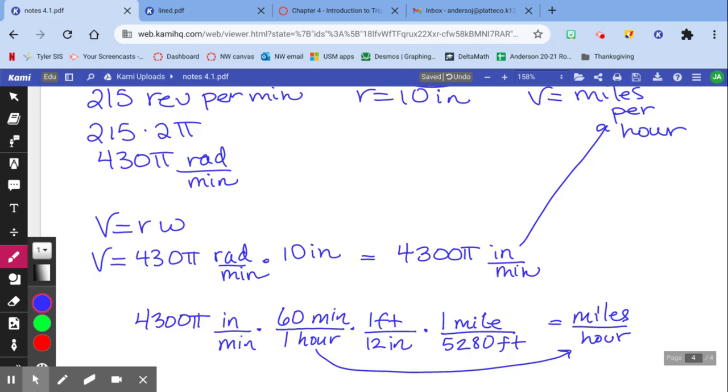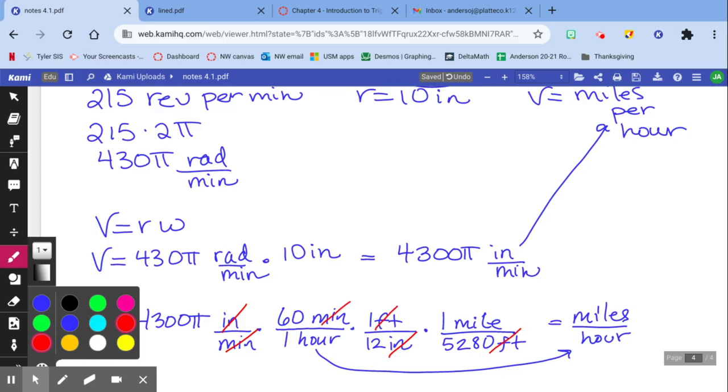And look what happens. Inches will cancel. Minutes will cancel. Feet will cancel. And the only label that I will be left with is miles per hour.